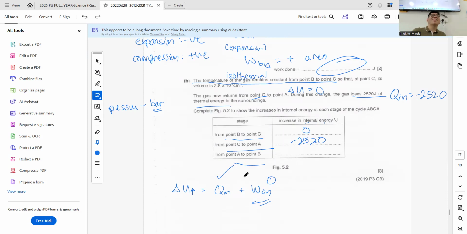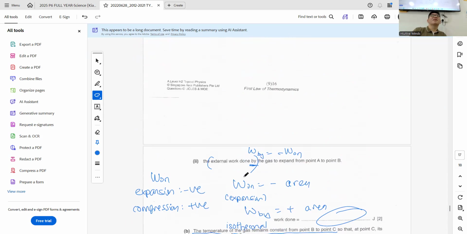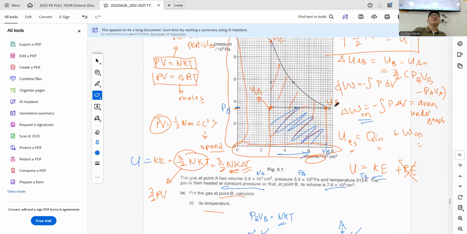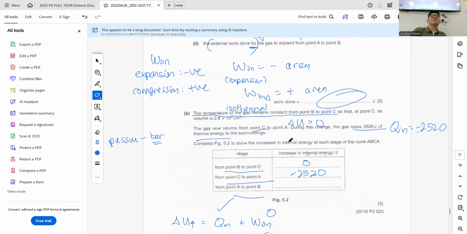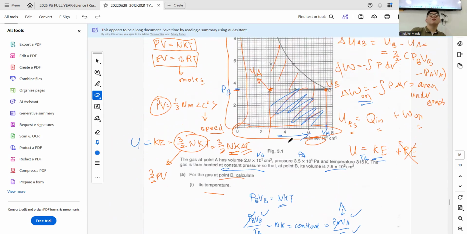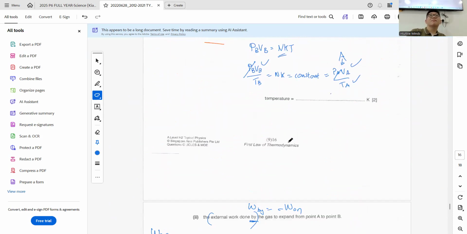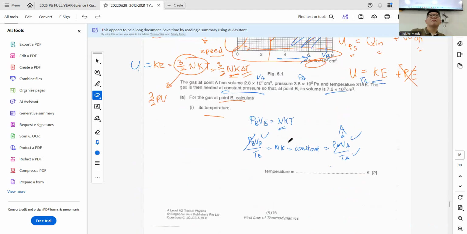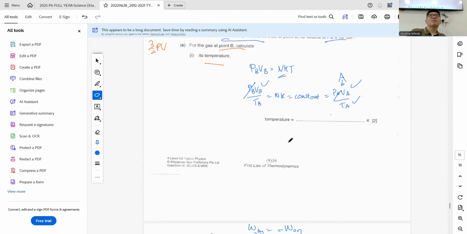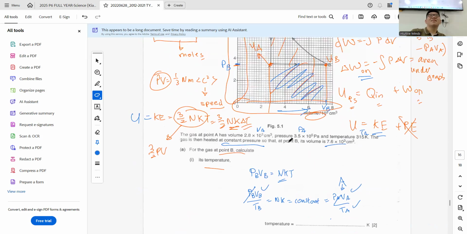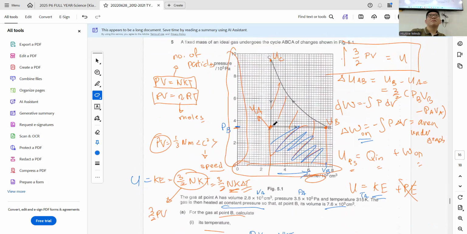What about A to B now? It's constant pressure. I can calculate work done. There are actually two methods.